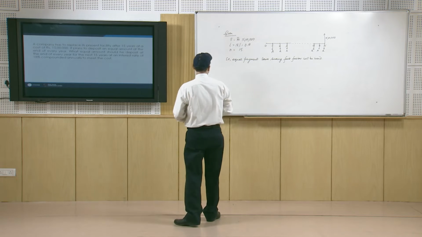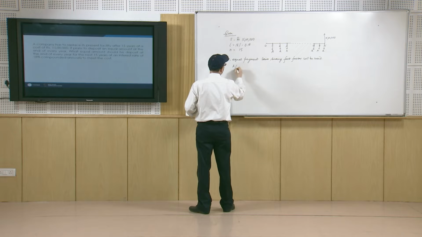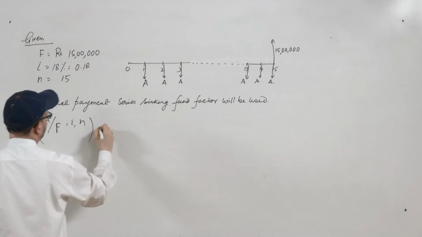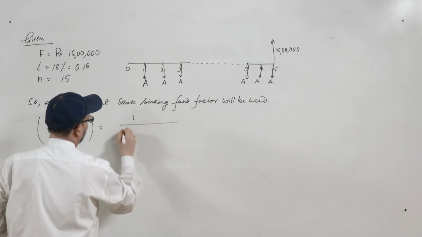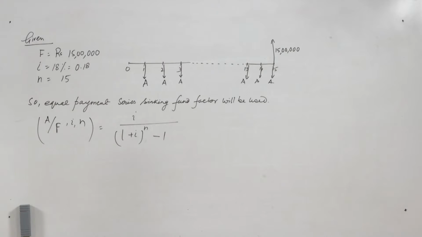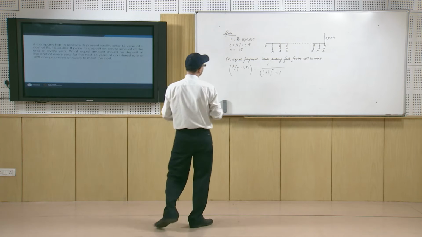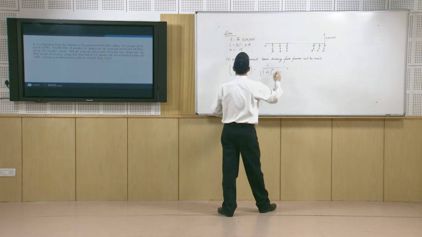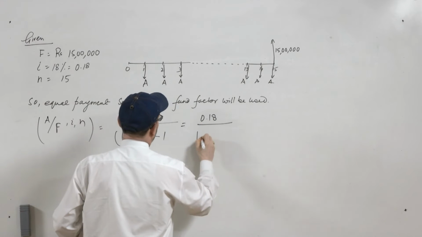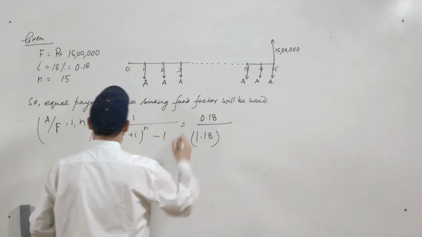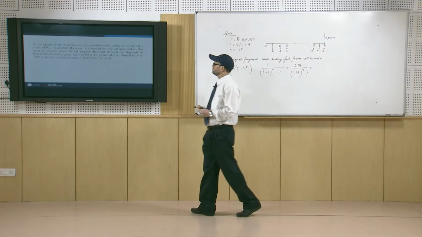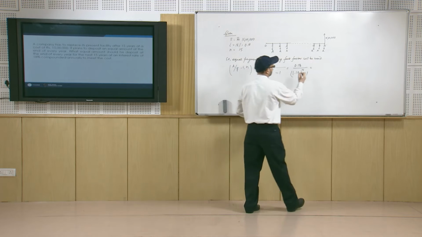Now, as we know, the equal payment series sinking fund factor is nothing but i upon (1 plus i) raised to the power n minus 1. So, in this case it will be 0.18 divided by 1.18 raised to the power 15 minus 1, and this factor comes out to be 0.0164.